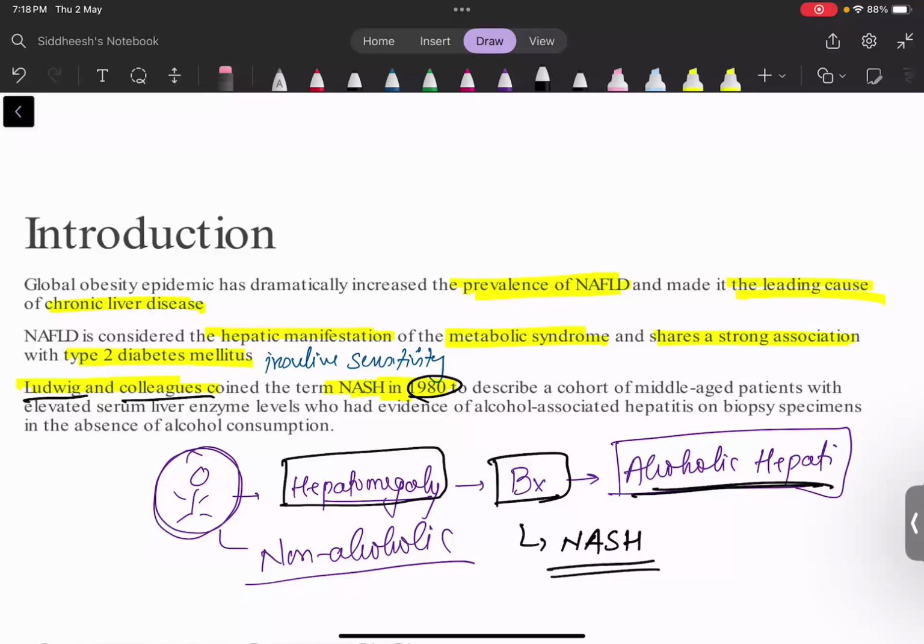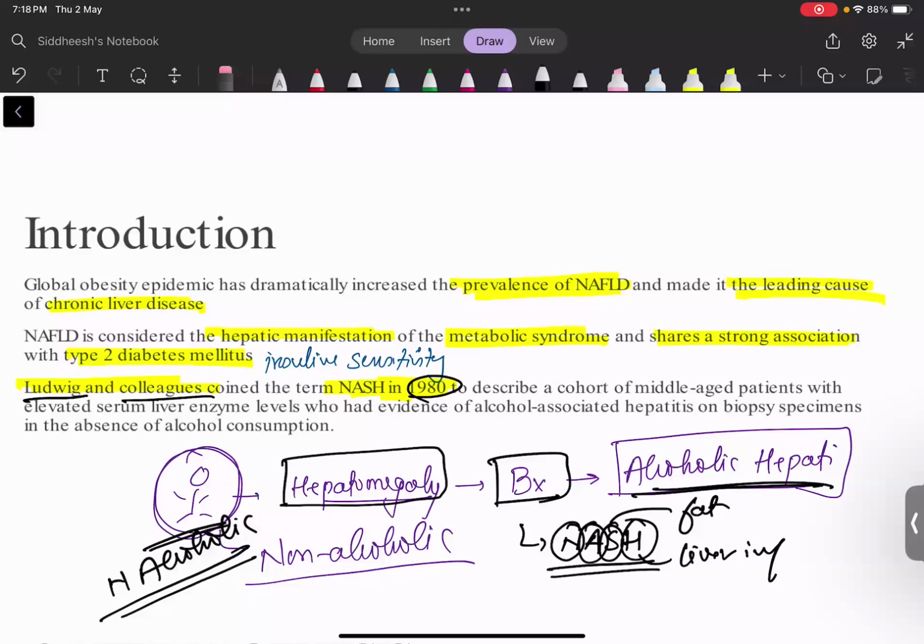Alcoholic hepatitis. But the best part was all the patients were non-alcoholic. So that's how the NASH term came up. NASH is what? Non-alcoholic steatohepatitis. Remember what is steato? Fat. What about hepatitis? Liver inflammation. Correct? Simple thing.